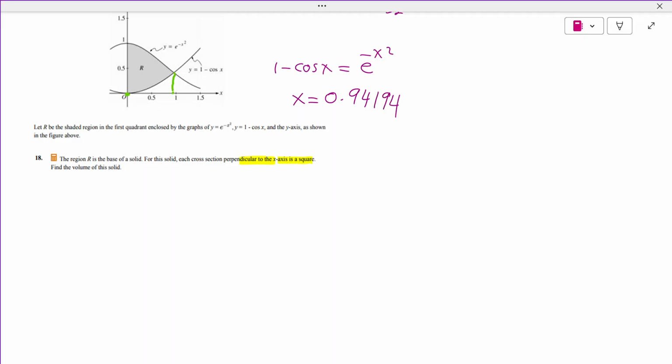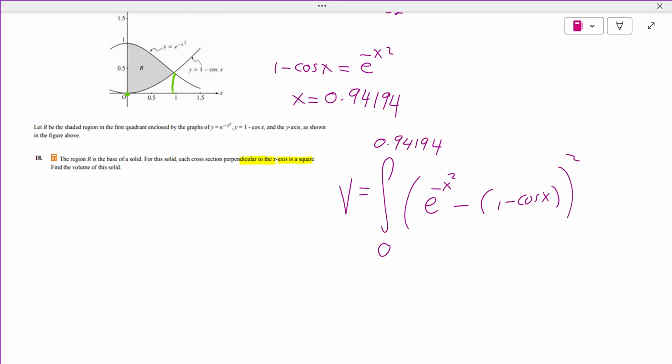Now to find the volume, you will integrate from 0 to 0.94194 of the upper, which is e to the power of minus x squared, minus the lower one, which is 1 minus cos of x, all squared dx, and this is equal to 0.461. This is the last question.